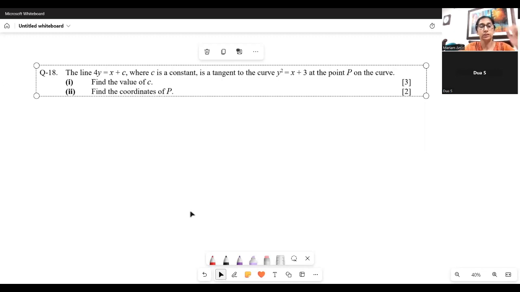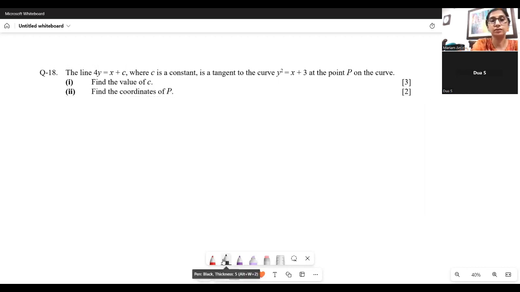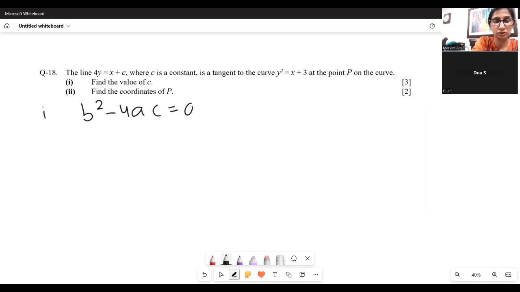Question 18. This line is tangent to this curve. Find the value of C. That means that the discriminant equals 0. When there's a tangent, that means discriminant is equal to 0. So now we need to merge these two equations. Instead of substituting y into the other equation, I'm this time going to substitute x in the other equation.